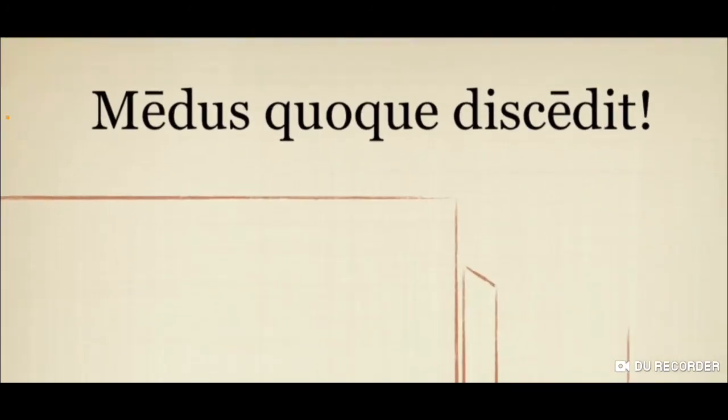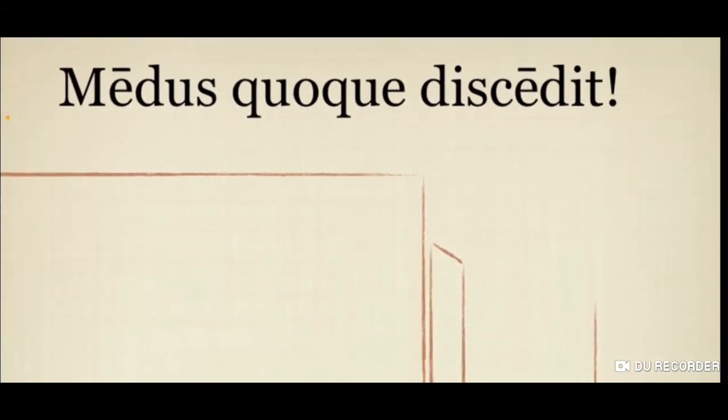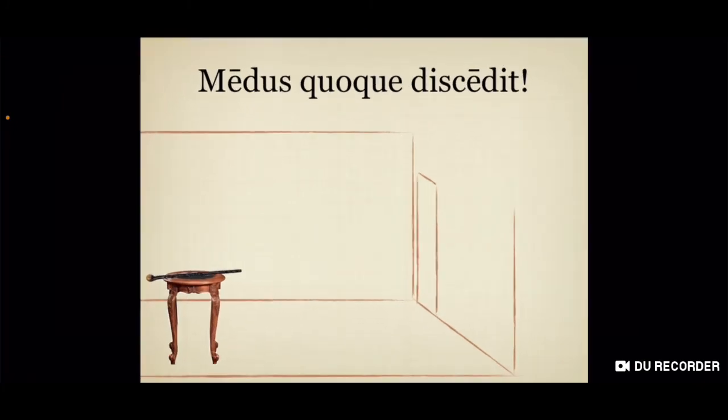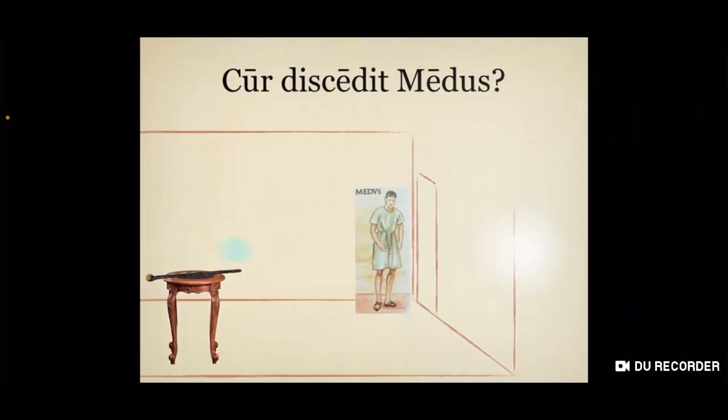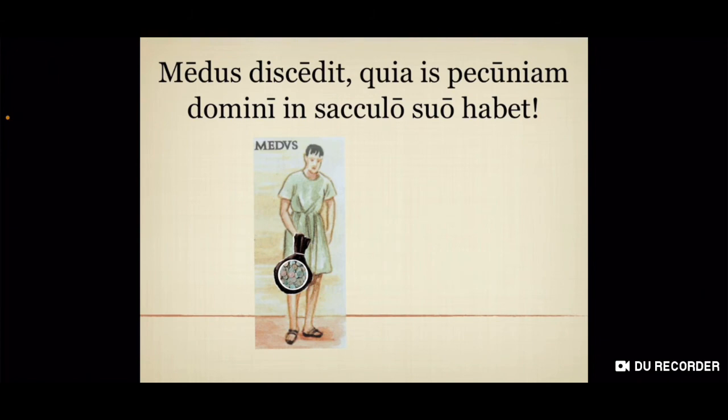Medus quoque discedet. Medus also leaves. Cur discedet Medus? Why does Medus leave? Medus discedit, quia is pecuniam domini in saculo suo habet. Medus leaves because he has the money of his master in his sack.